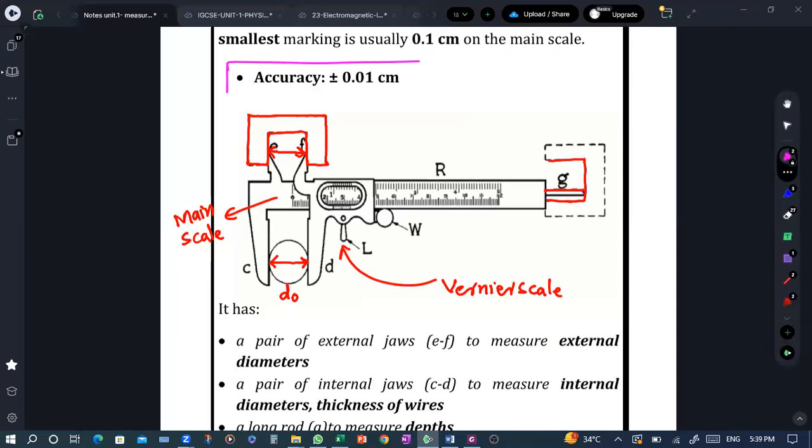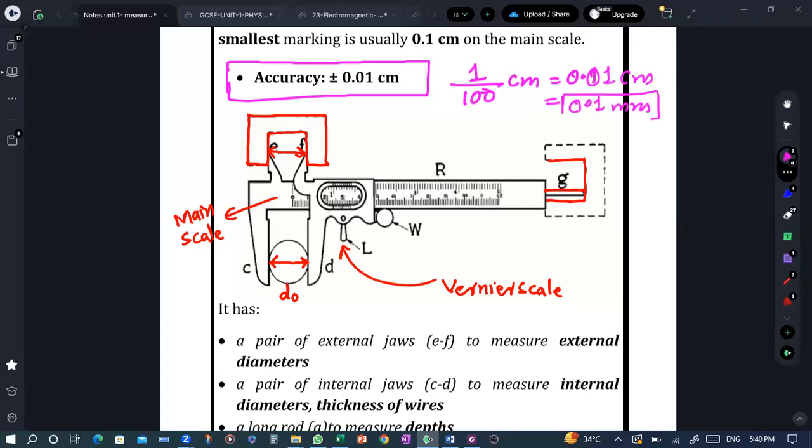That's why its accuracy is 10 times greater than your meter rod. This can give you accuracy up to 1/100th of a centimeter, which is equal to 0.01 centimeter, or 0.1 millimeter.